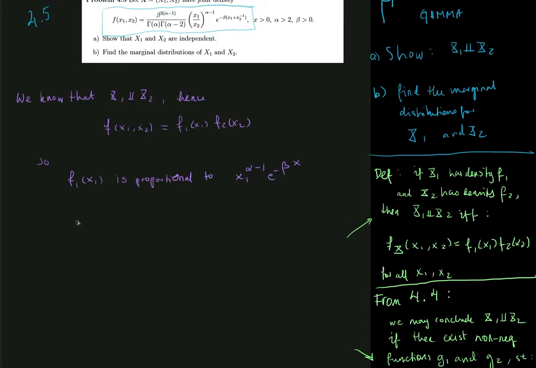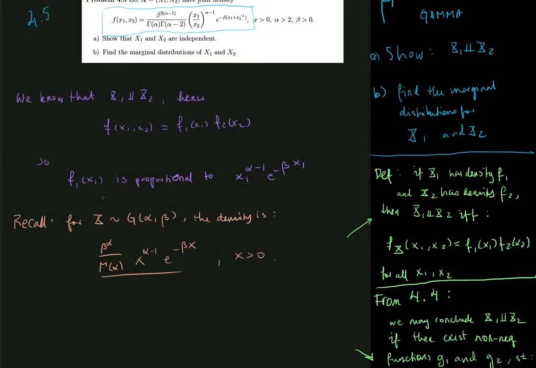And so just recall that for a stochastic variable that is gamma distributed with parameters alpha and beta, the density is given by beta to the alpha divided by gamma of alpha multiplied by x to the alpha minus 1 multiplied by e to the minus beta x for x greater than 0.